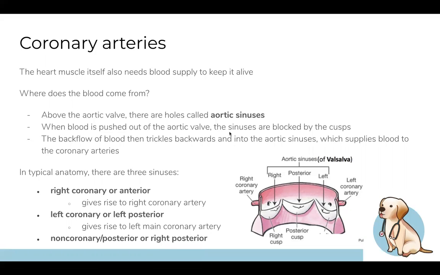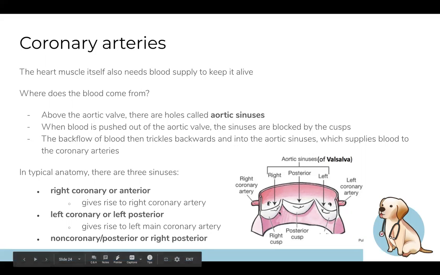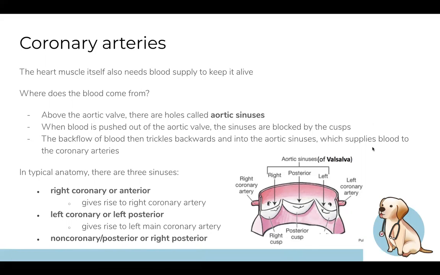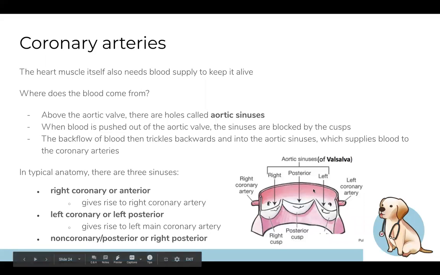Yes, so above the aortic valve, you have these little things called aortic sinuses. If you think about it, your blood is pushed out and goes up around the arch of the aorta. But not all the blood is going to make it all the way around the arch. Backflow can't go back into the heart. Firstly, that's bad.